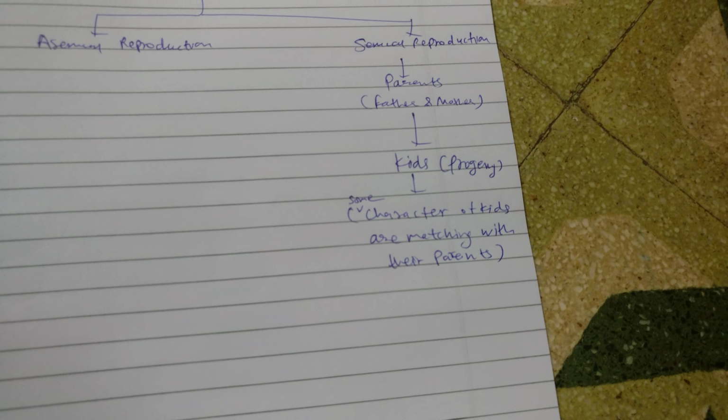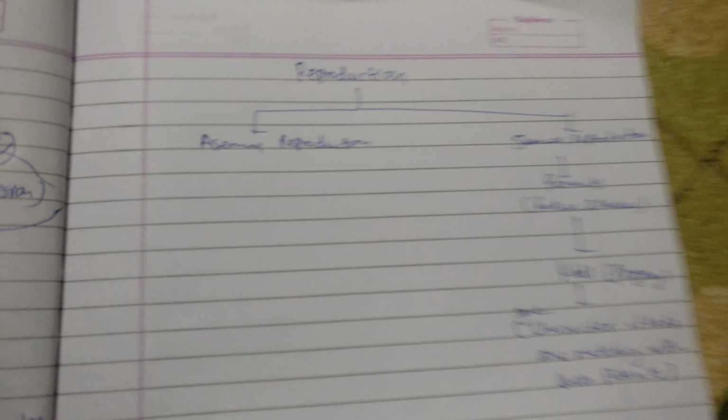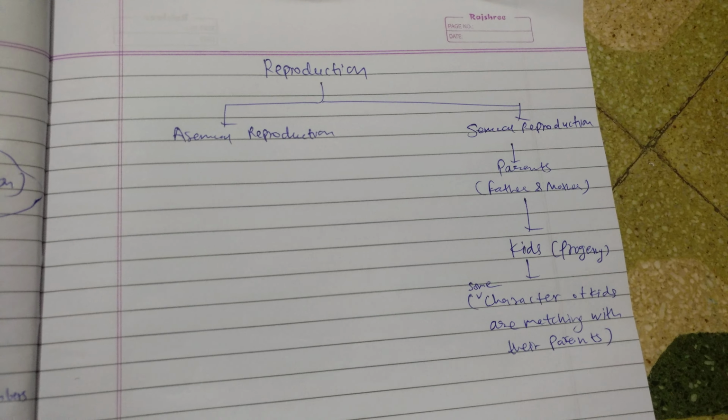Now we're talking about another type of reproduction, that is asexual reproduction.